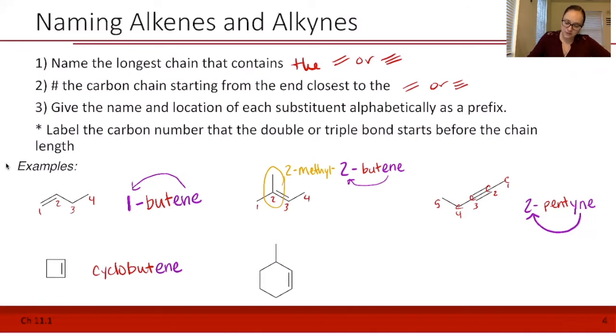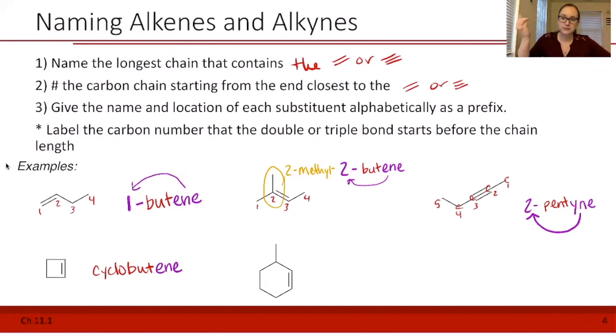Okay, and our last example here, we have another cycloalkene ring. So we're going to number our substituents, and we're going to start at the alkene because that is what our numbering says to do. So now we have to prioritize either our alkene or alkyne or our substituents.